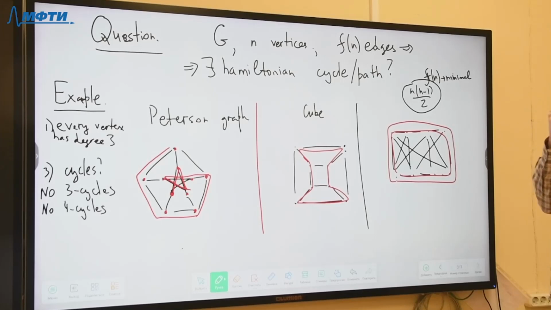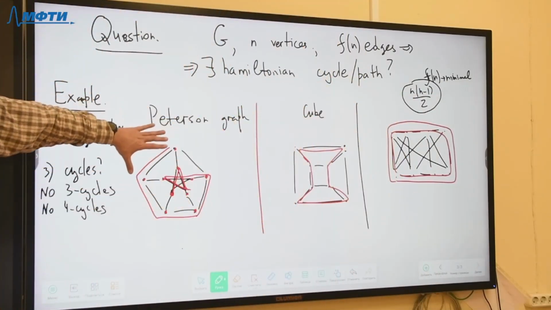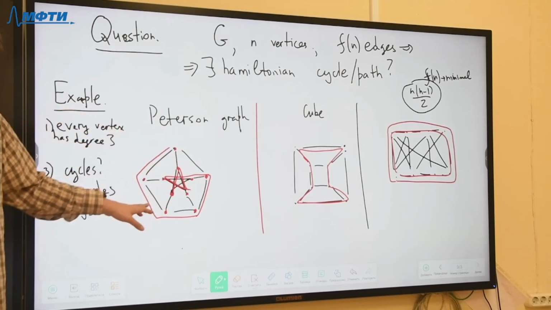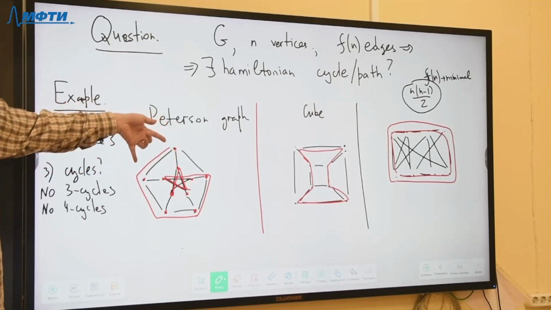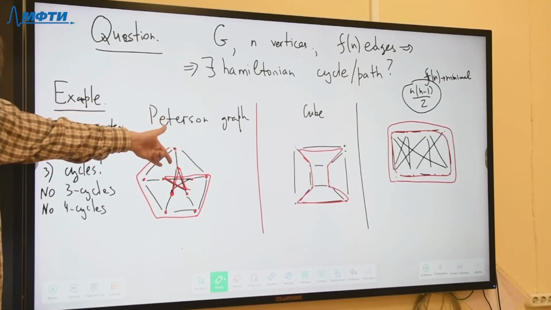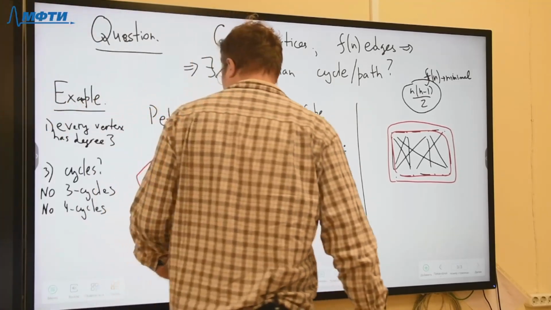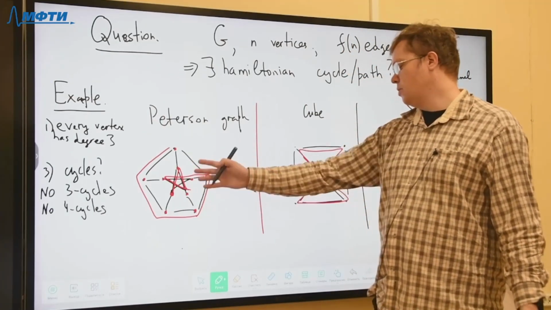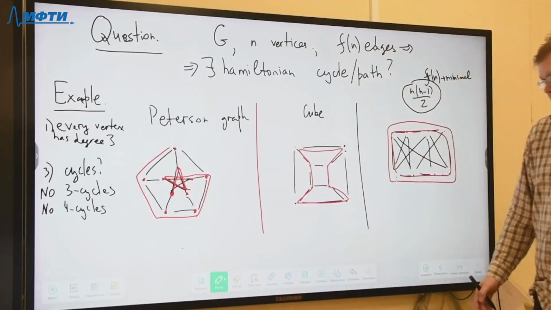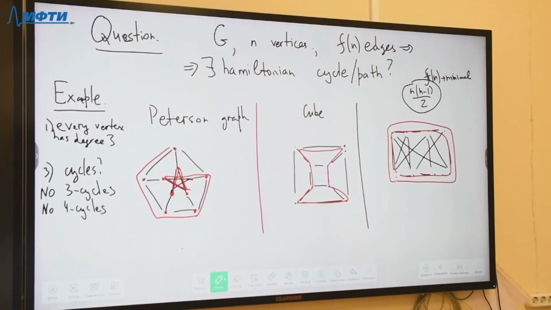We don't have triangles and we don't have 4-cycles because if we take 2 adjacent vertices on the outer pentagon, then the connected inner vertices are not adjacent. For a 4-cycle we would need 2 vertices on the border and 2 vertices inside the pentagon. So we have no 3-cycles and no 4-cycles. Okay, so the minimal number of edges in a cycle is 5.